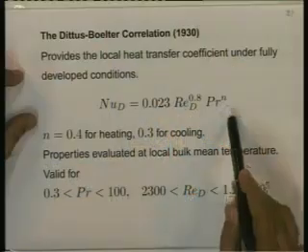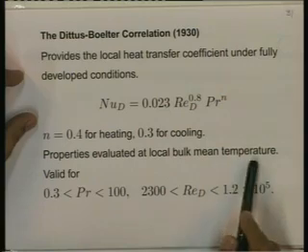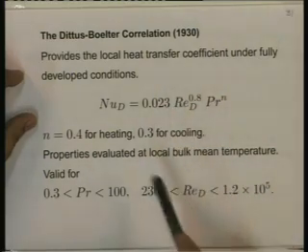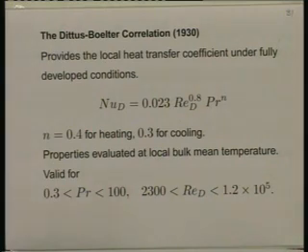For this correlation, we will have to determine properties which are evaluated at local bulk mean temperature to determine the local heat transfer coefficient. But if you are considering an average heat transfer coefficient over a length, you must use the bulk mean temperature over that length. It is reasonably wide in its validity.